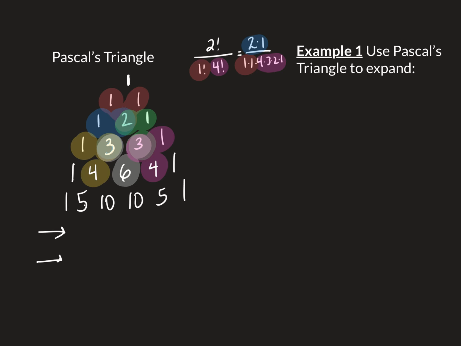So my numerator would be 2. My denominator would be 1 times 1 times 4 is 4, 4 times 3 is 12, 12 times 2 is 24. So the quotient of 2 factorial divided by 1 factorial times 4 factorial is just 1/12.